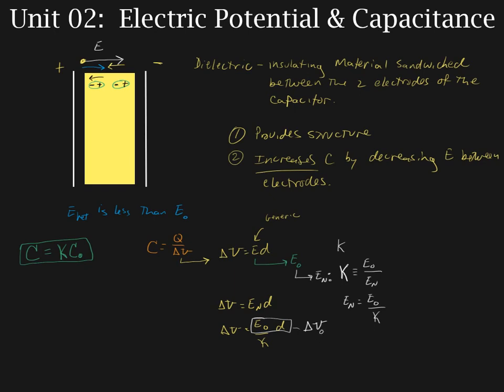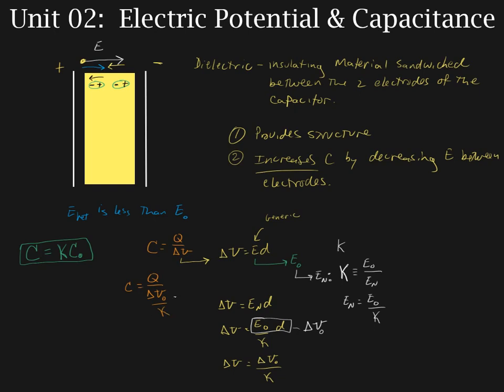And so what we have is delta V is equal to delta V naught over kappa. And now we'll substitute that back into the original expression we started with, and we're going to get C is equal to Q over delta V naught over kappa.